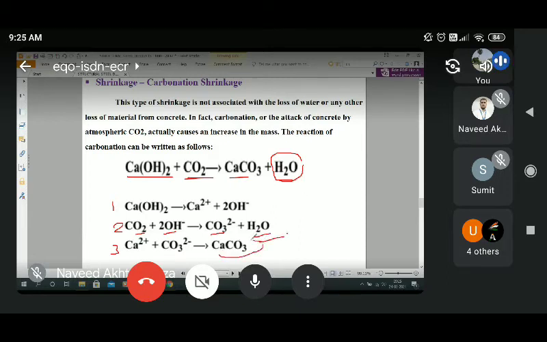So this calcium carbonate is formed and the water is released, and that is harmful for the concrete. So you understand that shrinkage is nothing but the reduction in the volume of your concrete.